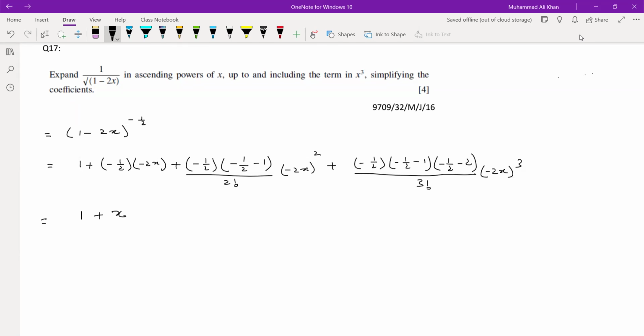What? 3 upon 2 multiplied by 4. Everything? Right. So it is plus 3 upon 2 x squared. Then the next fraction.